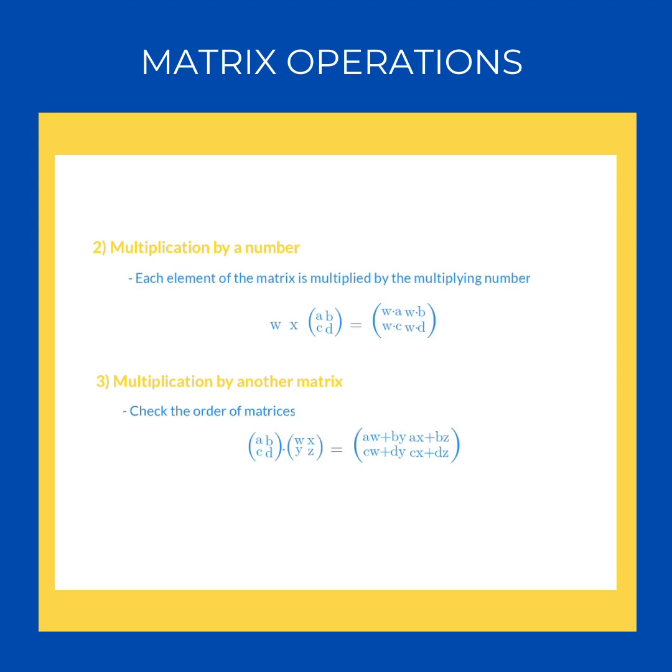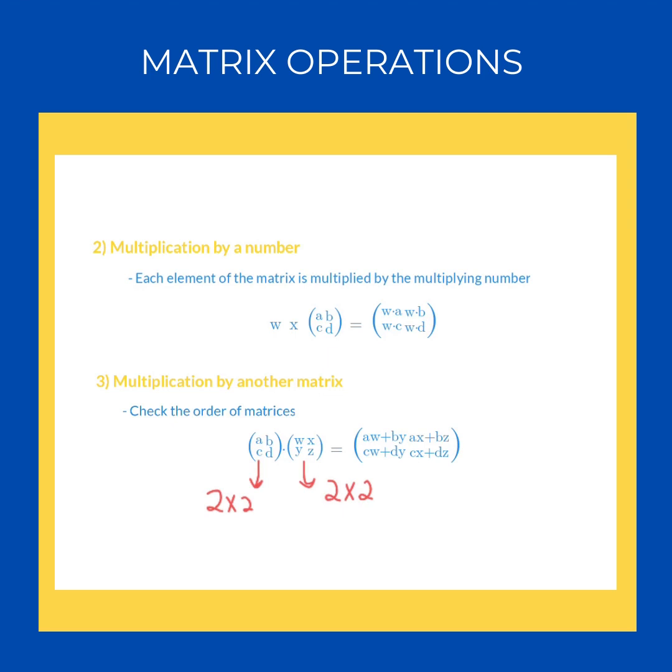The third matrix operation is multiplication by another matrix. So before doing this operation, I have to check first the order of the matrices. So this matrix, its order is 2 by 2, and this matrix, its order is 2 by 2.